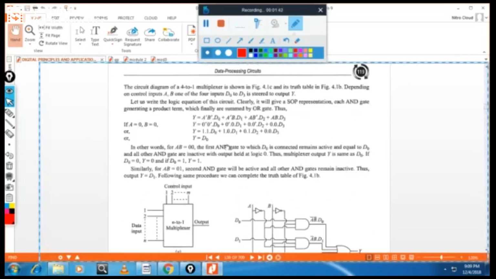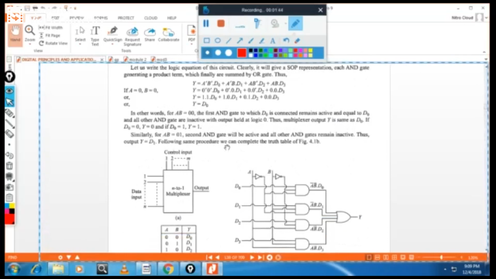Now, we will see the diagram of the multiplexer here. You can see n inputs are there, and this is the output. This is called an n to 1 multiplexer. That means out of these n inputs, one of the inputs is moved to the output. But how will it be moved?